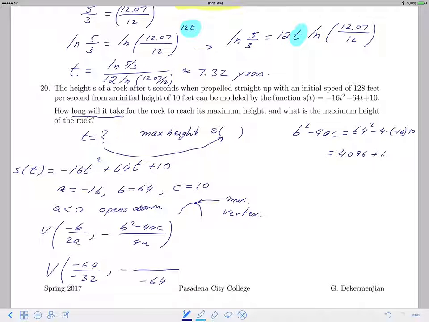And then this will be plus 640. That gives 4,736. So here we have 4,736 divided by 64. And if I simplify this, my vertex would be 2, comma, 74.